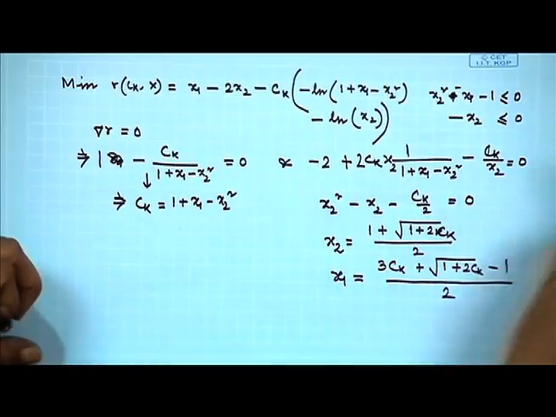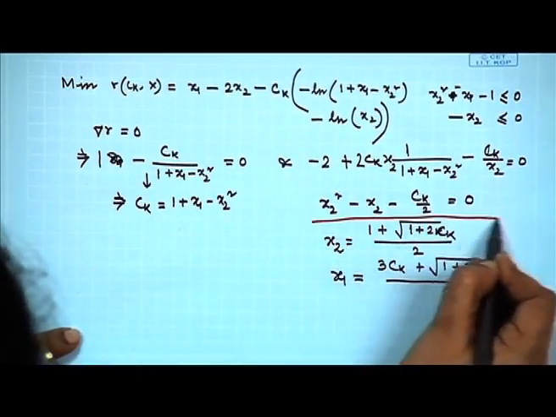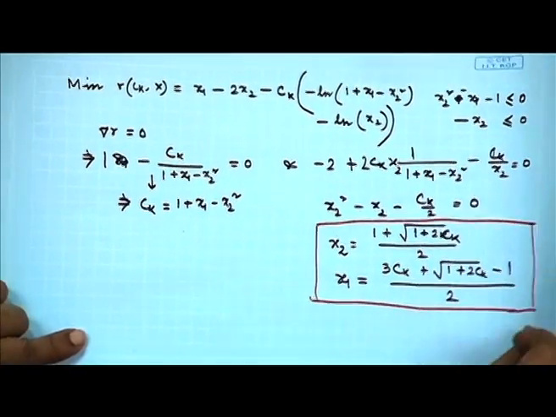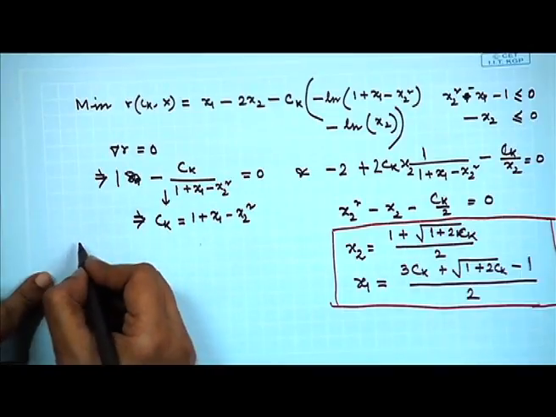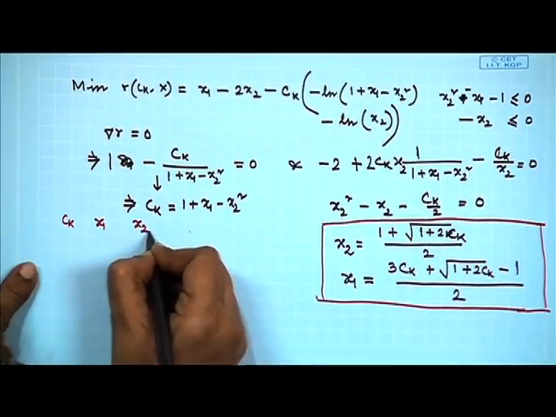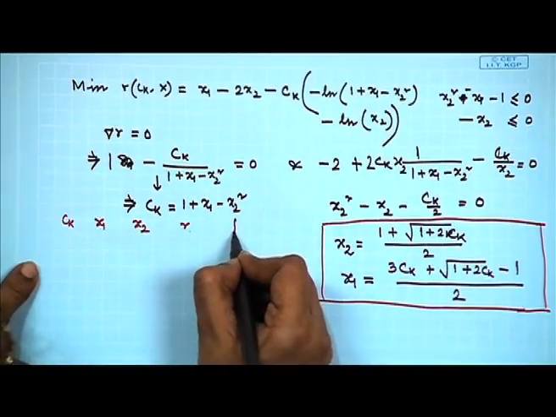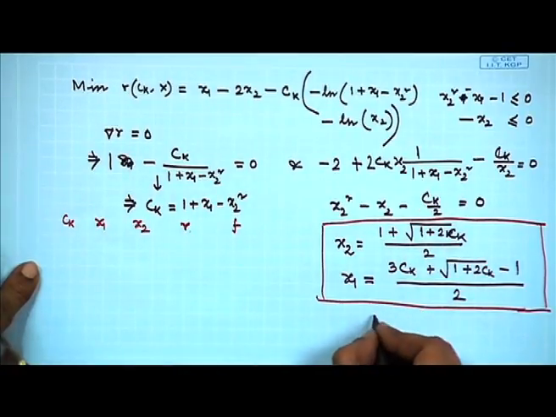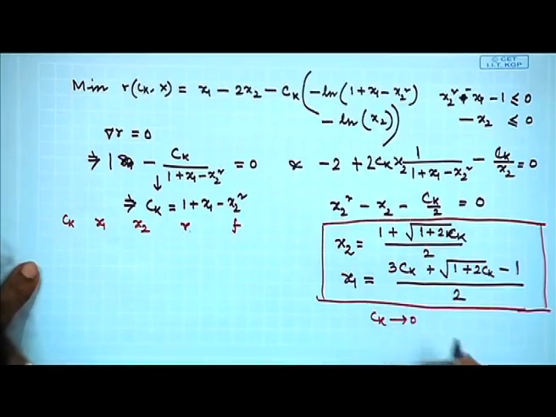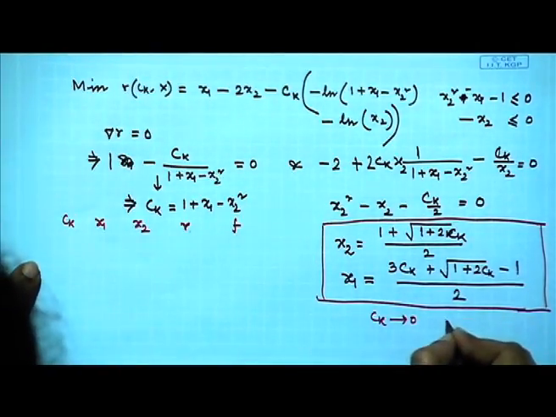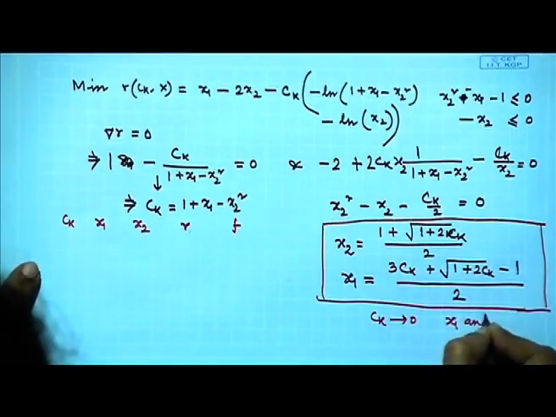If we get these two values for x1 and x2, then we will formulate the table for different values of ck, x1, x2, the value of r, the value of f. One thing we can do is make ck tending to 0 to get the optimal values for x1 and x2.